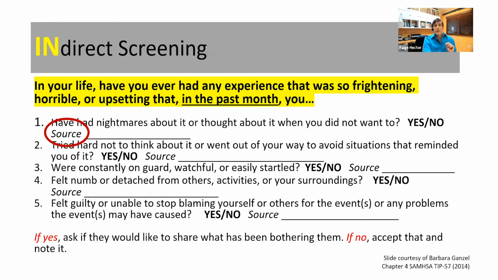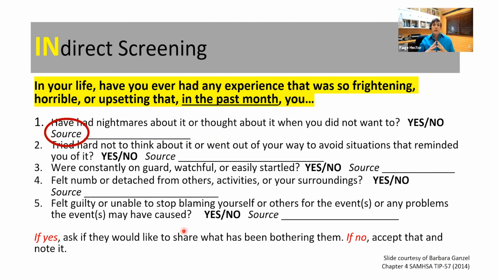So indirect screening, now you might recognize this. The wonderful part about this is that this is the primary care PTSD-5, but what we've done here is my colleague Barbara Ganzel, my colleague that's doing this video series with me, has adapted it and inserted this word right here, source.